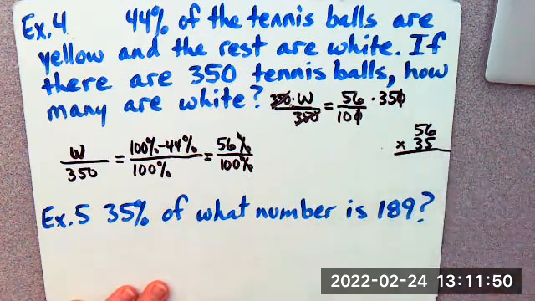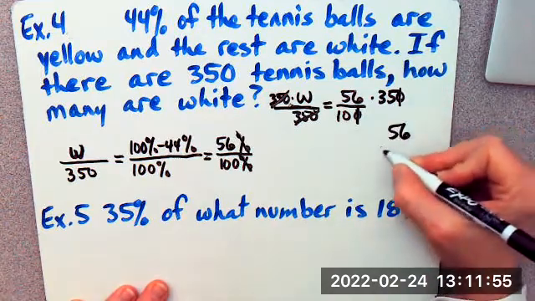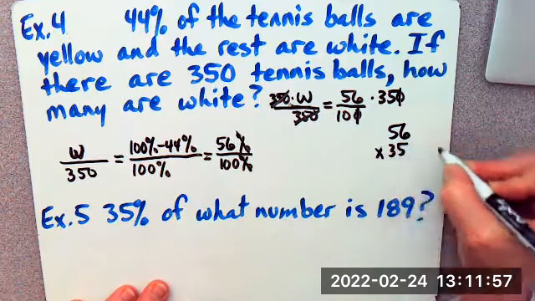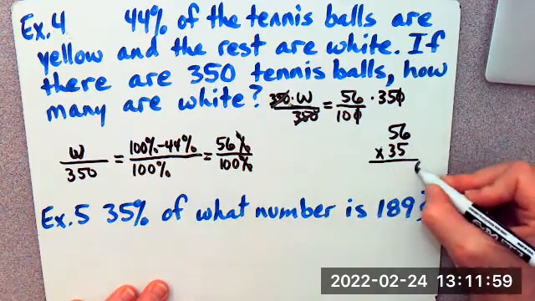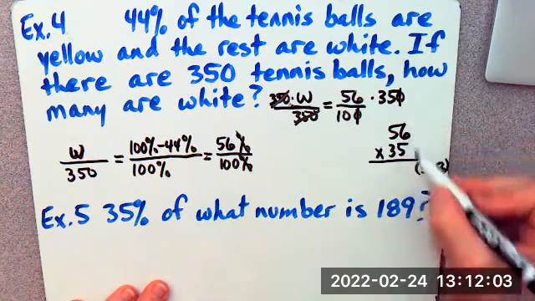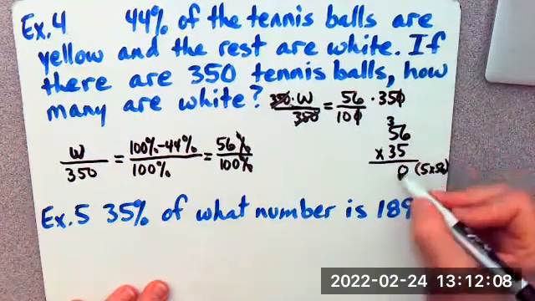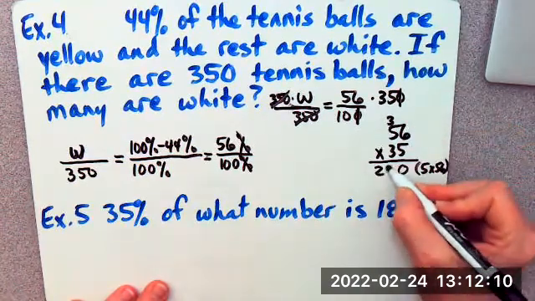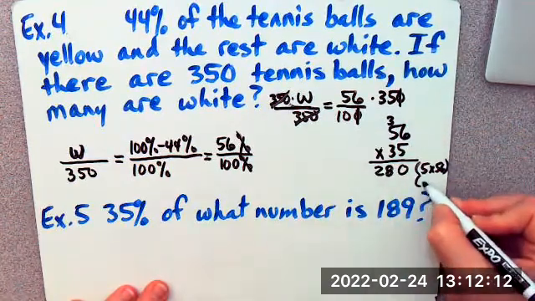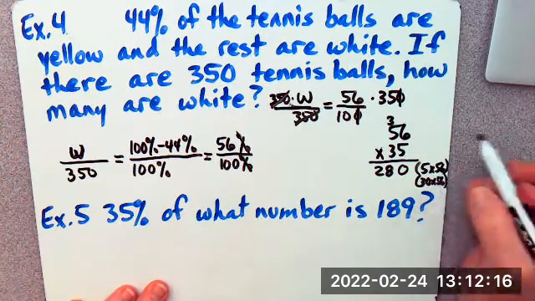So our first one, let me make some room so you really see how to do this. 56 times 35. So the first line is 5 times 56. So 5 times 6 is 30, carry a 3. 5 times 5 is 25, plus 3 is 28. The next line is 30 times 56.